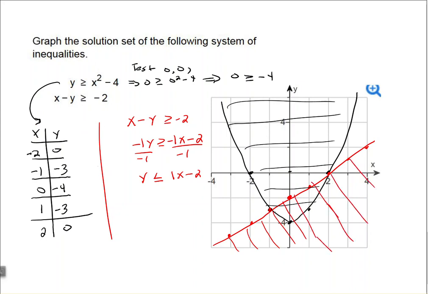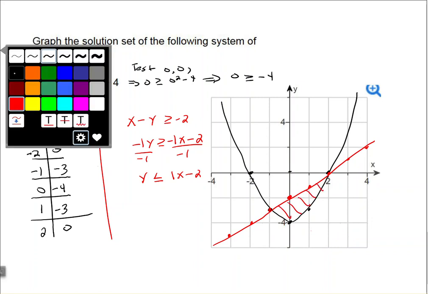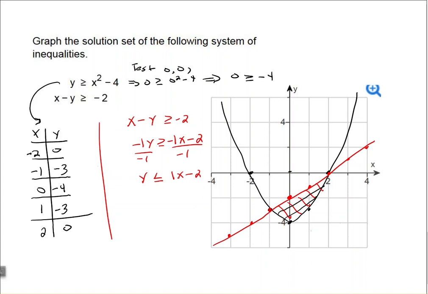And you see the solution set lies right in this area. Okay, so let's just graph the solution set, which is in between the line and the parabola right there. So here will be my solution set.